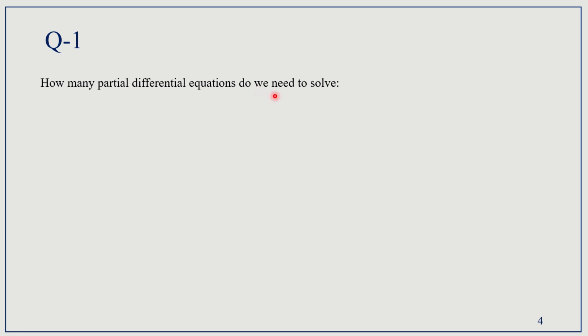So how many partial differential equations do we need to solve is the first question, and we have options. A is 1, B is 2, C is 3, D is 4. So we know that the answer to this particular question is option D, which is 4.